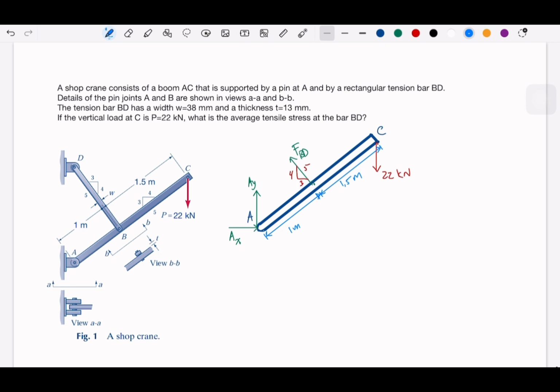And then what should we do next? From the whole perspective of this member, we want to calculate this, right? How do we use our equilibrium?